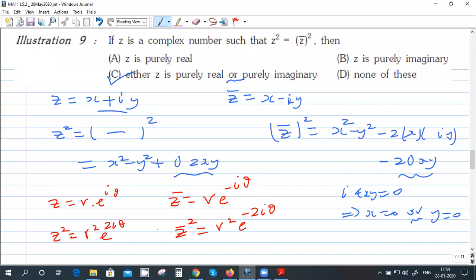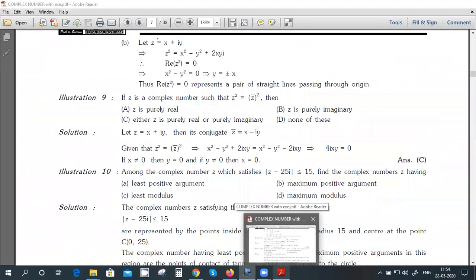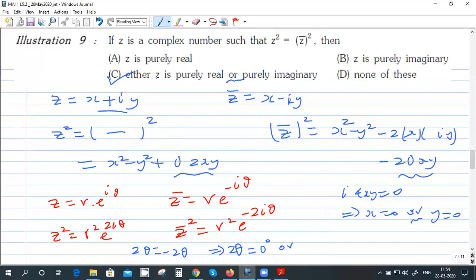In this Euler form, it turns out that 2 theta should be equal to minus 2 theta. So which implies 2 theta equal to 0 or 2 pi, right?